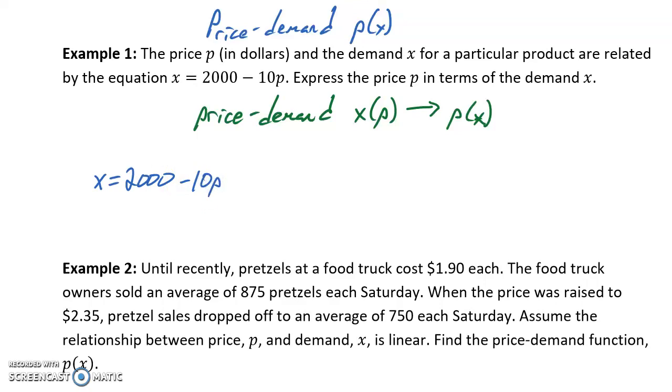we can subtract 2,000 from both sides. Which will give us X minus 2,000 is equal to negative 10P. And then we can divide both sides by negative 10.